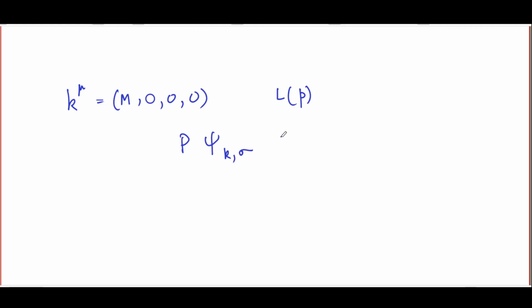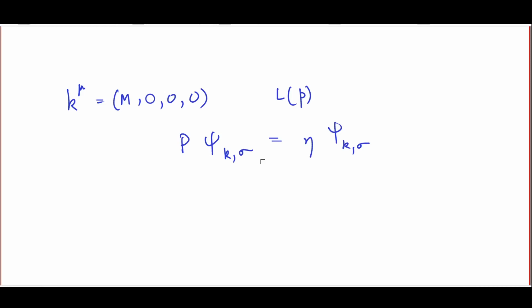And we figured out from the fact that parity actually keeps the standard 4 momentum intact and also sigma intact, you must get psi k sigma times a phase factor which could depend on sigma, which we subsequently showed was independent of sigma. So we ended up with essentially something called the intrinsic parity.